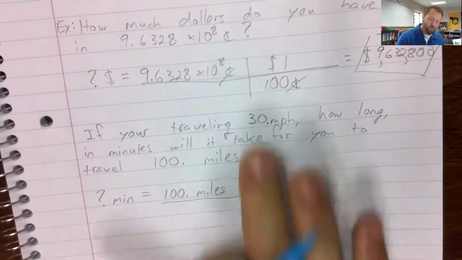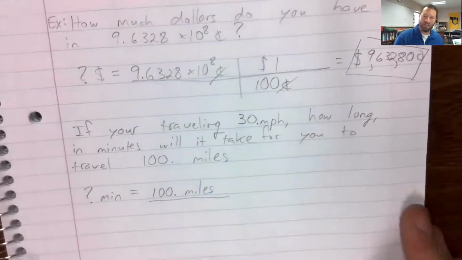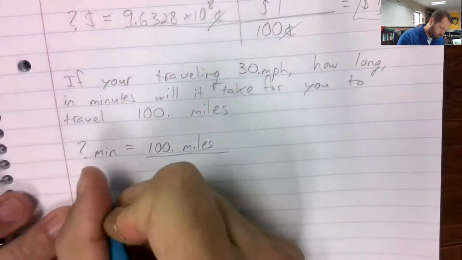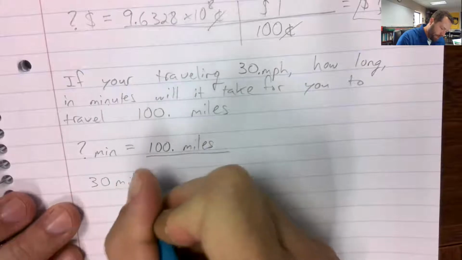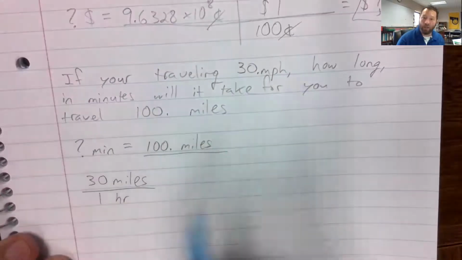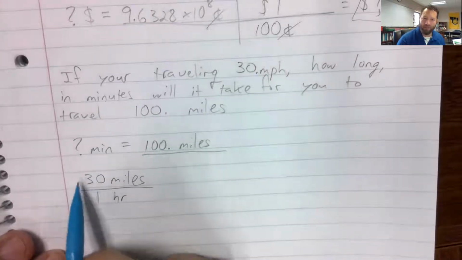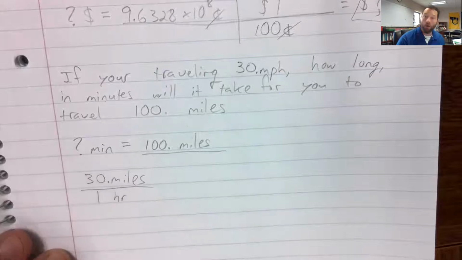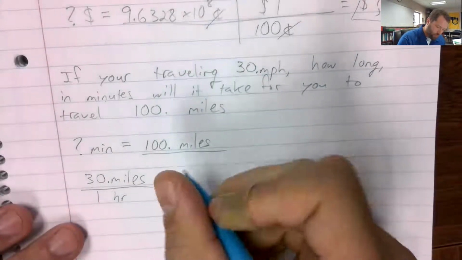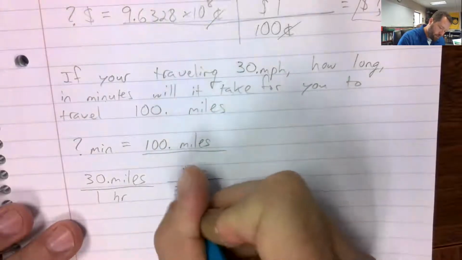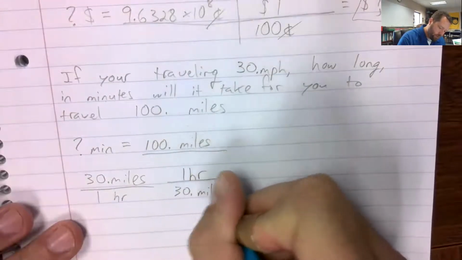All right, so this is where people oftentimes get this type of problem mixed up. 30 miles per hour, so 30 miles in 1 hour. This is the exact same thing. That per sign is like that line right there. Or, and again, I think this is where some people get backwards, 1 hour, you can travel 30 miles.